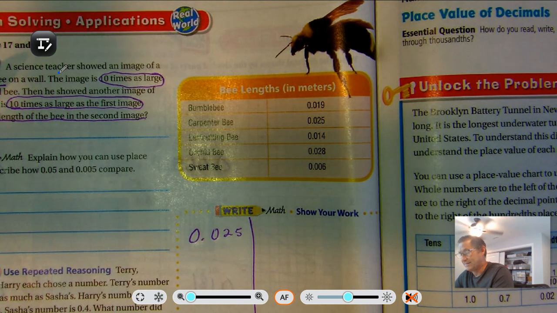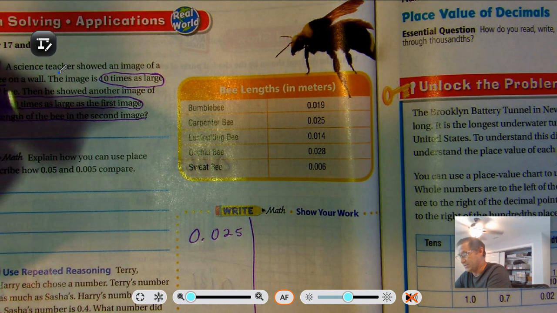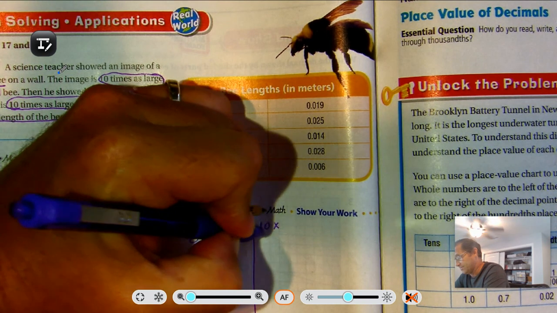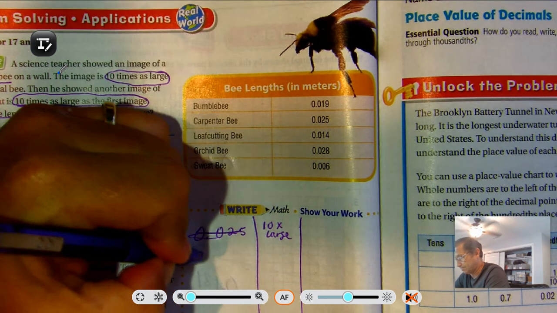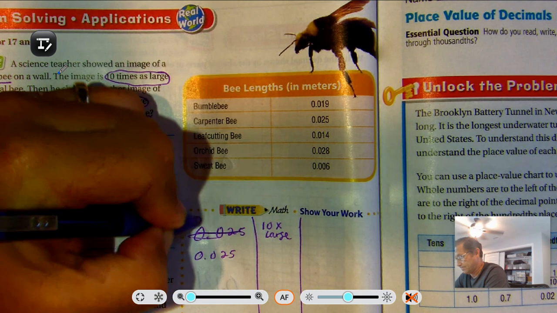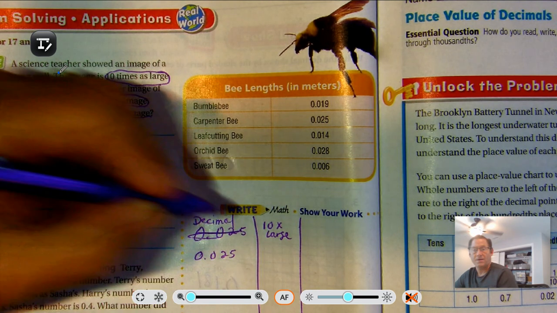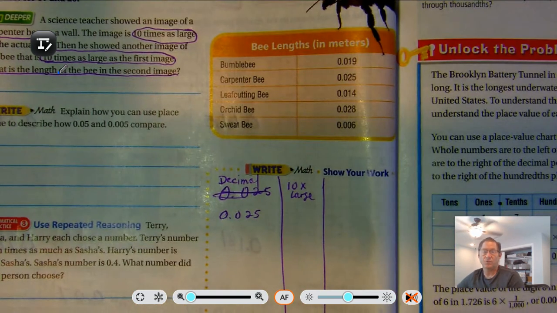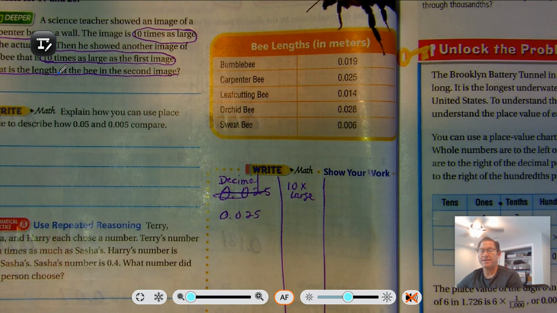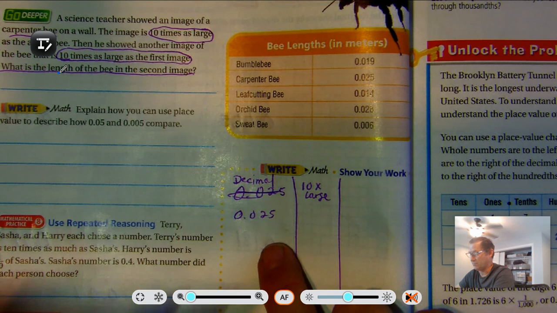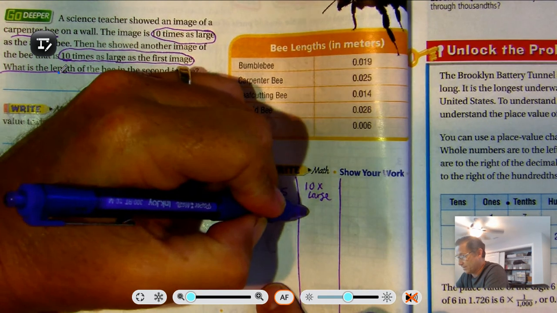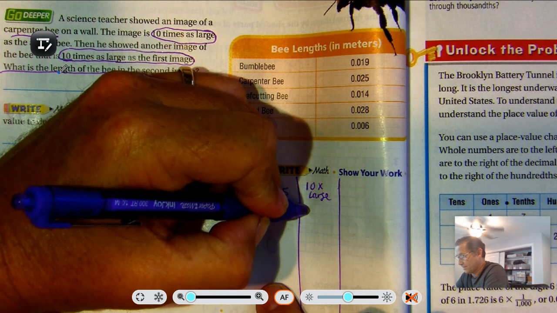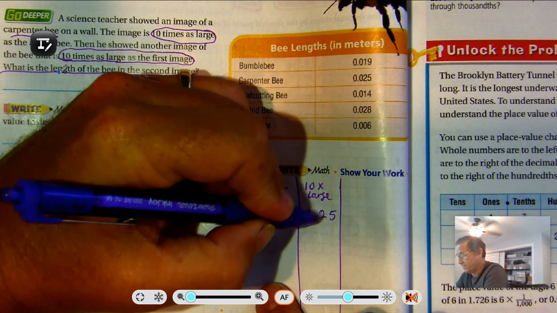And it says the first image is 10 times as large. So if we have our decimal, 0.025, and we want it to be 10 times as large, that means we'd have 0.25.